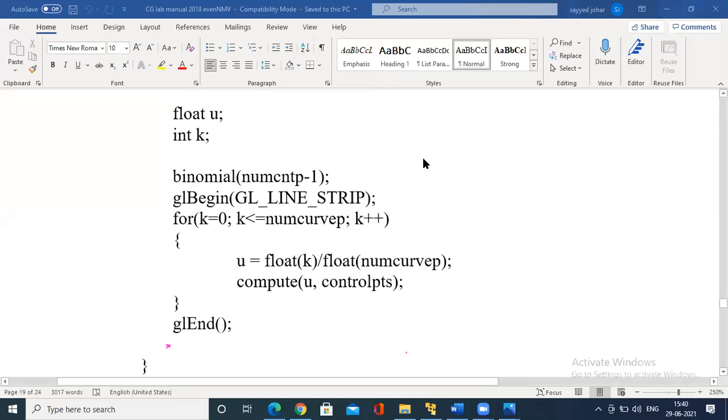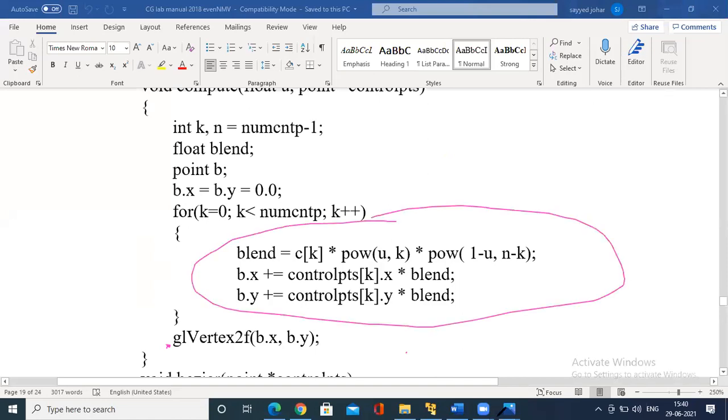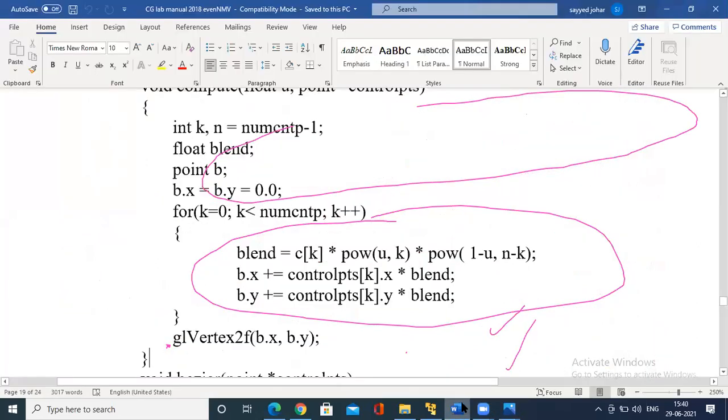So Bezier curve, in fact, is one of the easiest programs. If you understand, these equations are totally based on the theoretical concept. The theoretical part, what I'm showing here, this part and this part, you have to cover these equations. What else is there? The binomial equation, NCK.